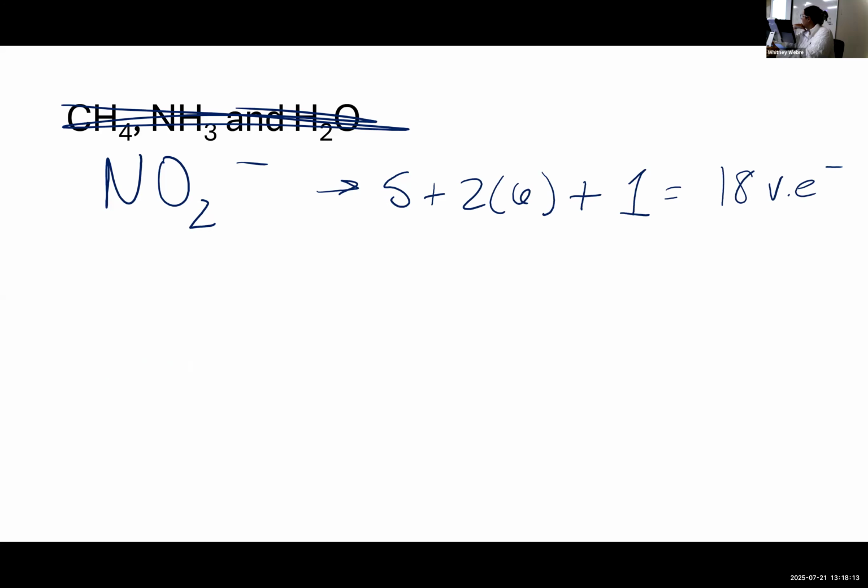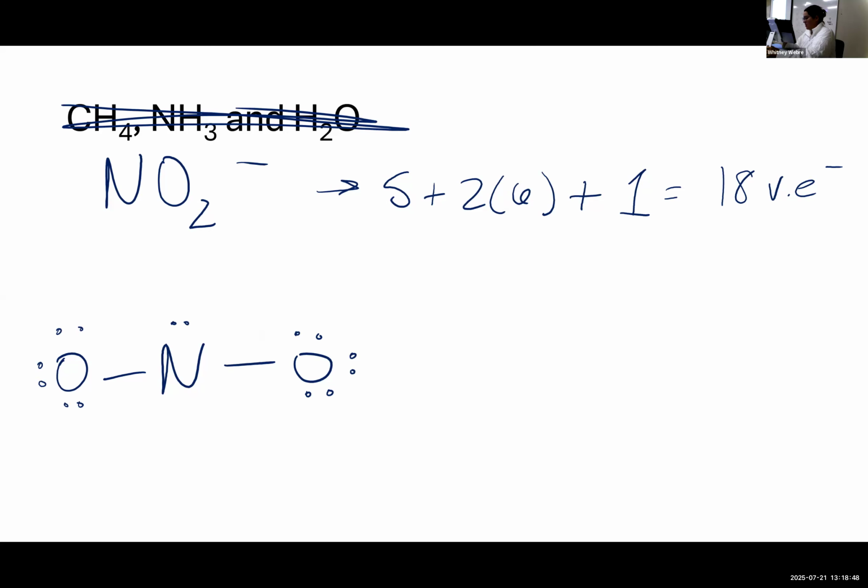What is the central atom? Nitrogen. So that's 18. Should be 16. I'm missing some. Okay, is it happy? What's not happy?